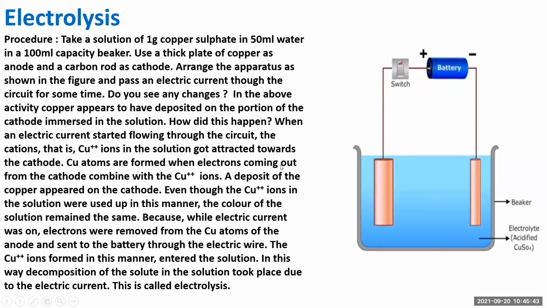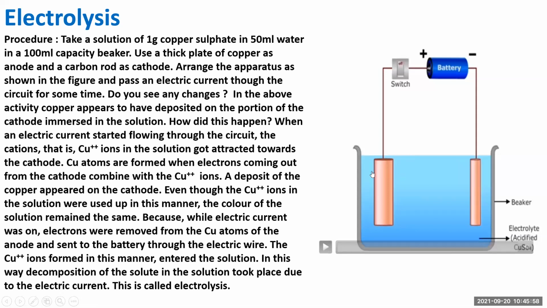Copper atoms are formed when electrons coming out of the cathode combine with Cu2+ ions. A deposit of copper appears on the cathode. Let us first perform this activity, then we will understand what exactly is happening.